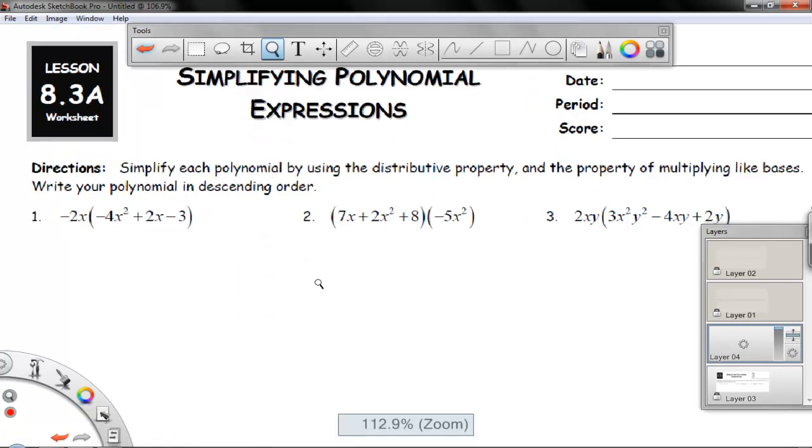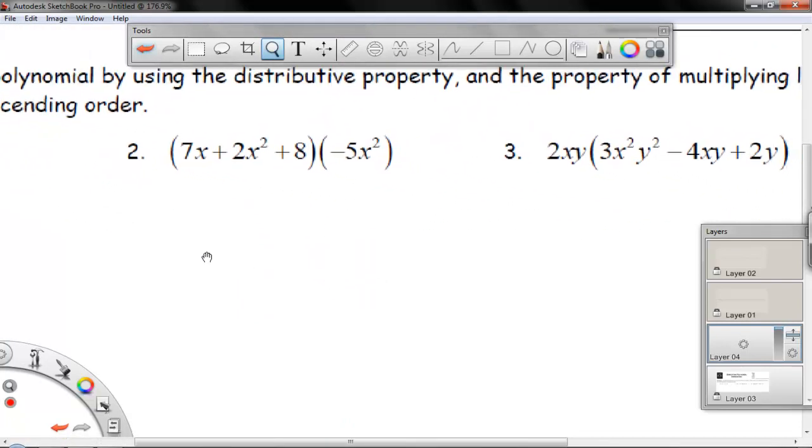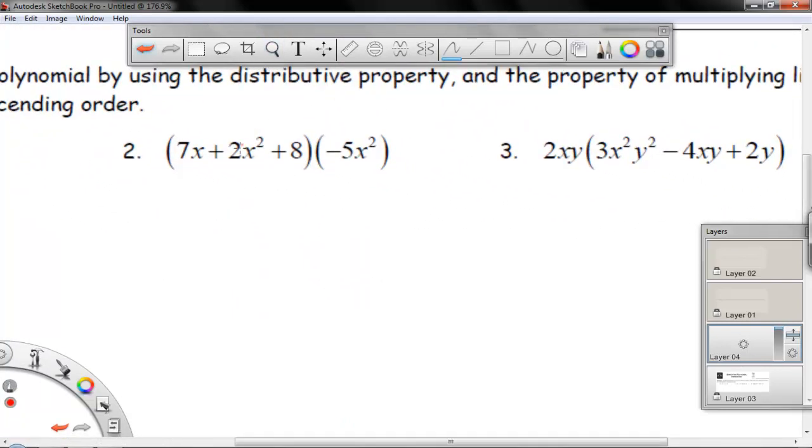I'll go ahead and zoom in on problem number 2, and we'll get started with it. Well, we have a negative 5x squared times 7x plus a negative 5x squared times 2x squared, and then we have a negative 5x squared times 8.